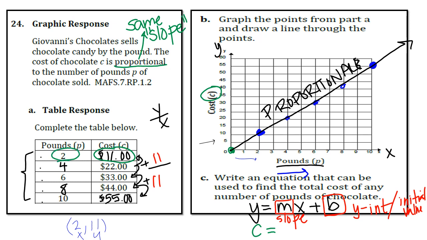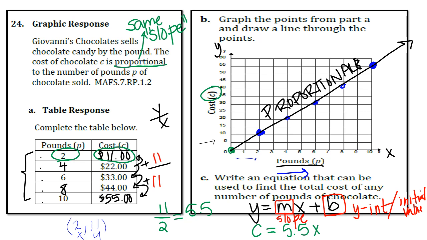So if we wanted to figure out how much it would be going up per 1, we really just need to divide those. So 11 over 2, if we divided that, gave us 5.5. So the reason we did that is because now it tells us that our cost is $5.50 per 1 pound. So that's my slope. I'm just going to make it 5.5x. Now you can leave your slope as 11 over 2. That's the same thing.